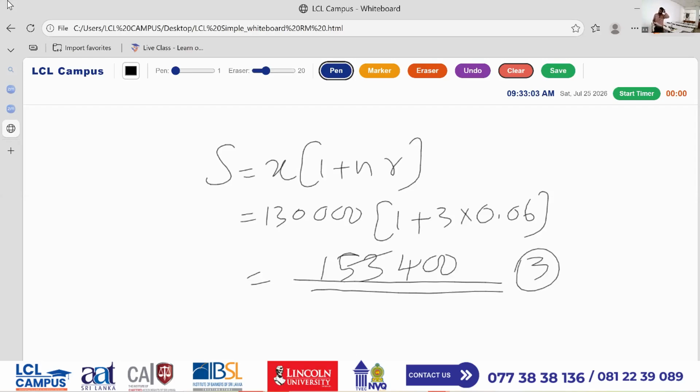Easy, right? Simple interest. Now the same question using compound interest: the total amount for the same amount at 6% after 3 years with compound interest.